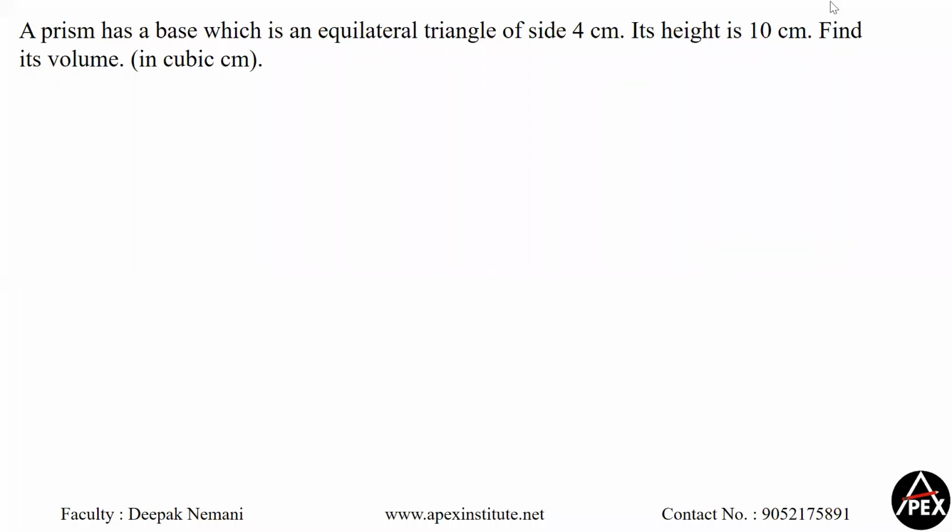So what is the formula to calculate area of an equilateral triangle? Root 3 by 4 a square. So we have a prism which has a base in shape of an equilateral triangle. So we have a triangular prism, isn't it?